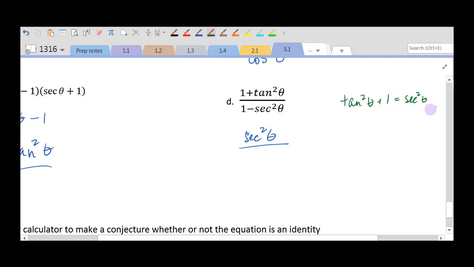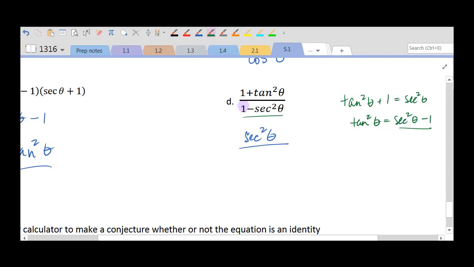If I subtract 1 to the other side, that leaves me with tangent squared theta equal to secant squared minus 1. Now, secant squared theta minus 1 and what's showing up here in the denominator are so close that you want to use it, but you can't, because here I have a negative 1 and up here I have a positive 1.